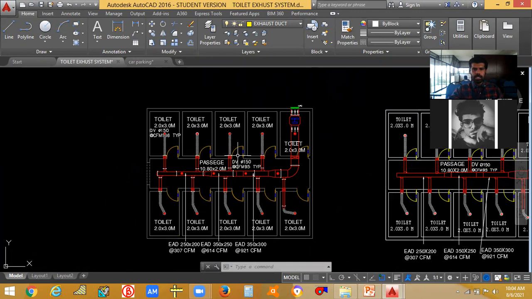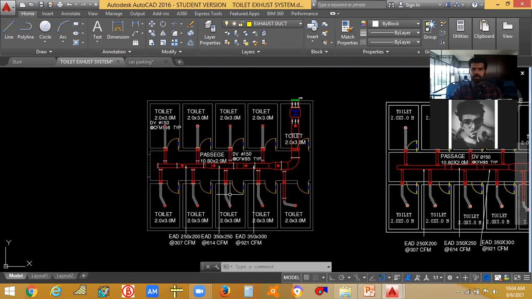I believe you can see this CAD drawing, right?